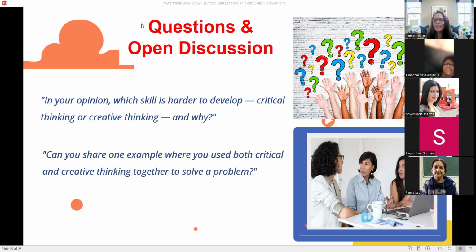So we actually discussed so many examples. I'll give you another example. Suppose we are facing a problem of students bringing plastic tiffin to the school. And we want to encourage them to shift to a metal lunch box.